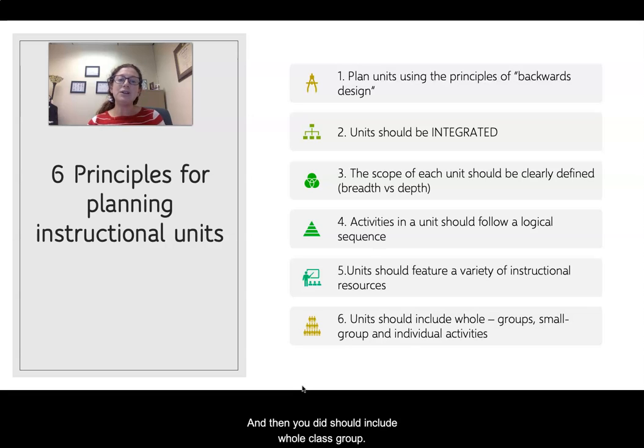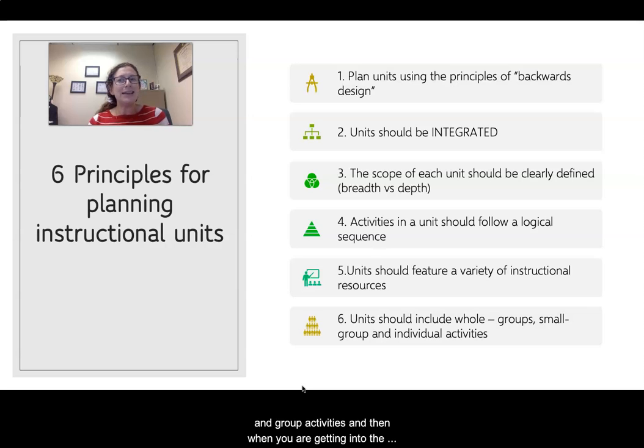And then units should include whole class, group, small group, and individual activities. So not every lesson needs to hit that, but if you're planning a unit, consider those introductory lessons might be whole class and group activities.